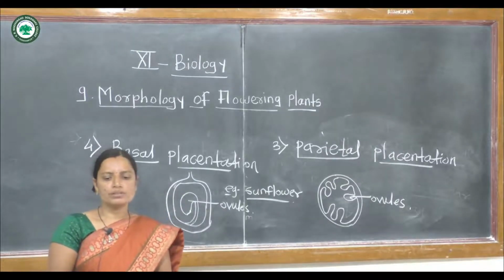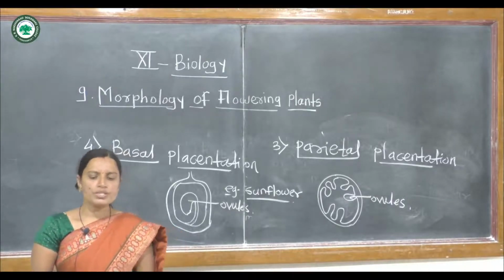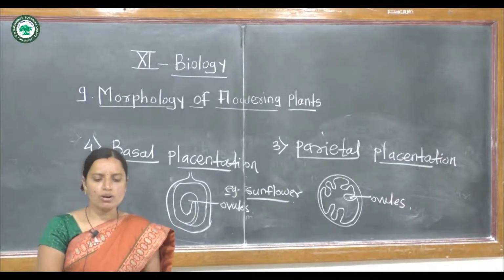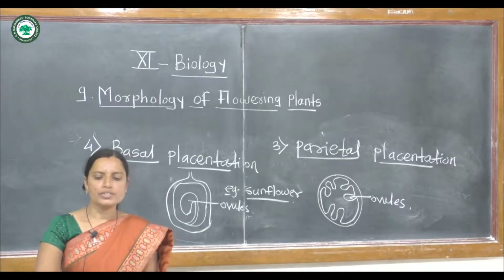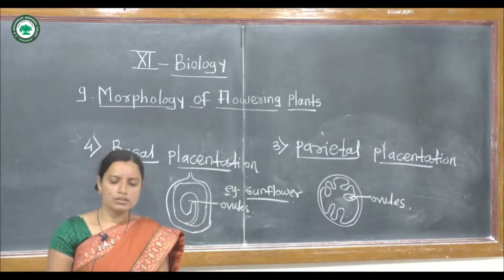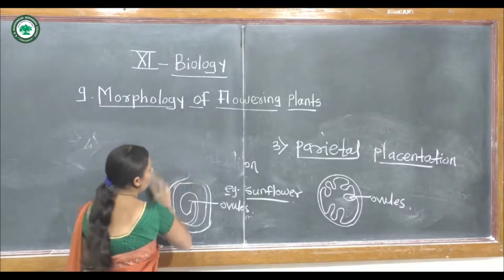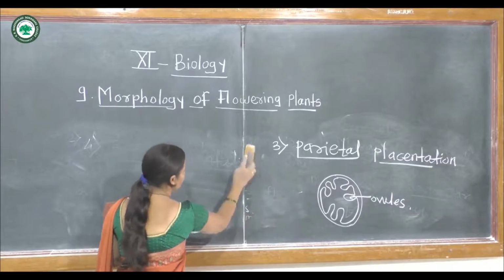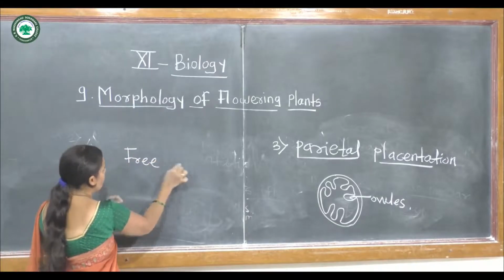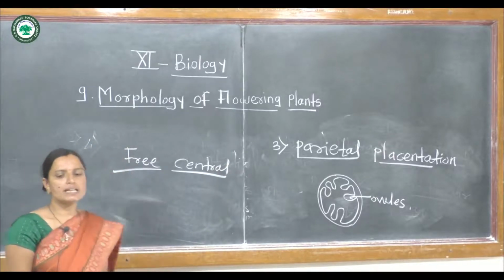The next type of placentation observed is free central placentation. Here the ovules are borne on the central axis, which is not attached to the ovary wall. This type of arrangement is called free central placentation.